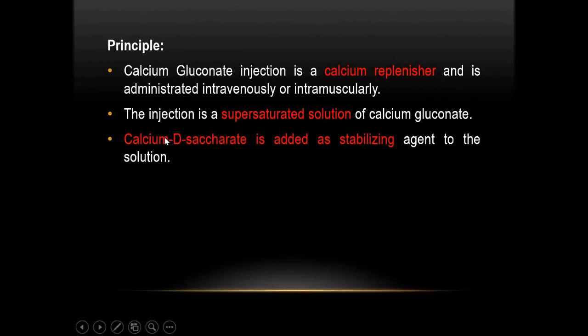Out of this 10 gram, we are going to replace 5% of calcium gluconate with 5% of calcium disaccharide. And when you add this calcium disaccharide, then there will be a clear solution. So we can avoid the problem of supersaturation by replacing 5% of calcium gluconate with the calcium disaccharide.